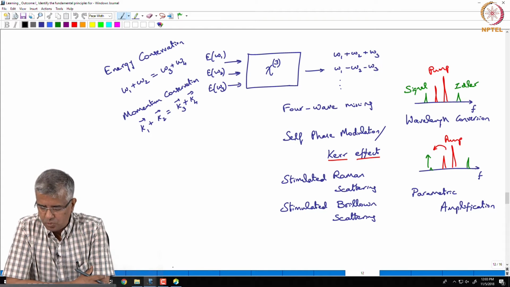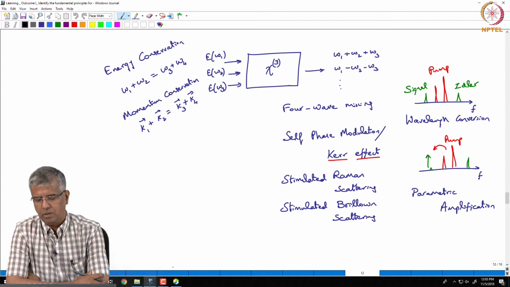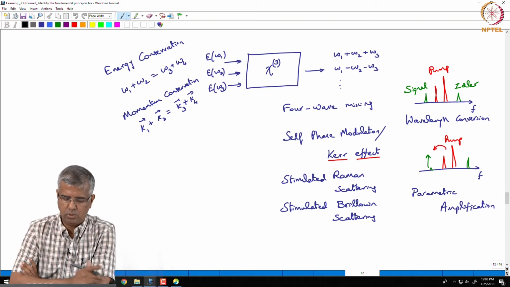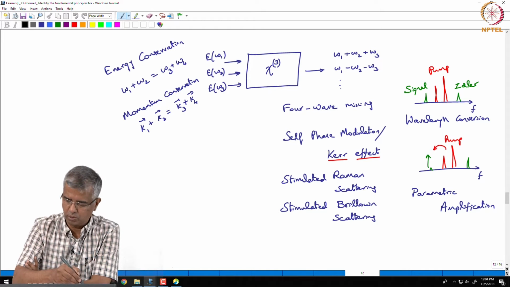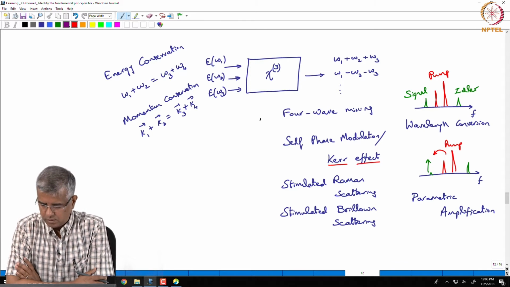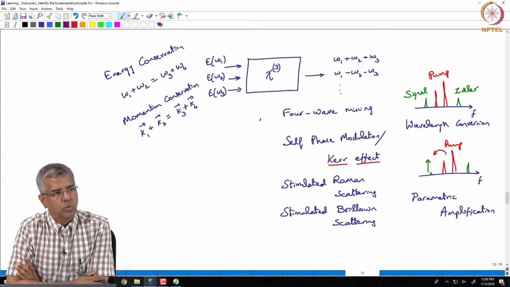So we looked at Chi2 processes, that is processes that are relying on the second order susceptibility, and lately we've been looking at processes that are enabled through the third order susceptibility, Chi3.